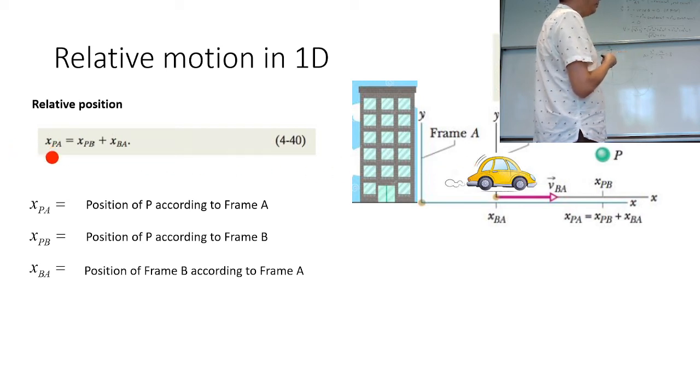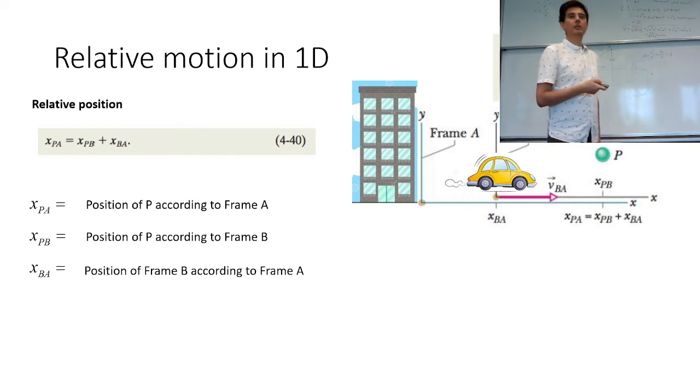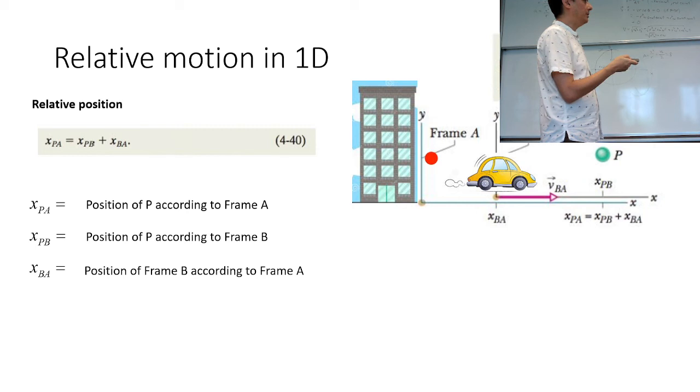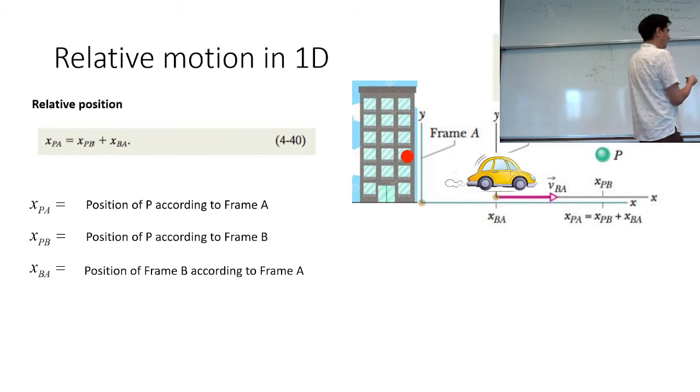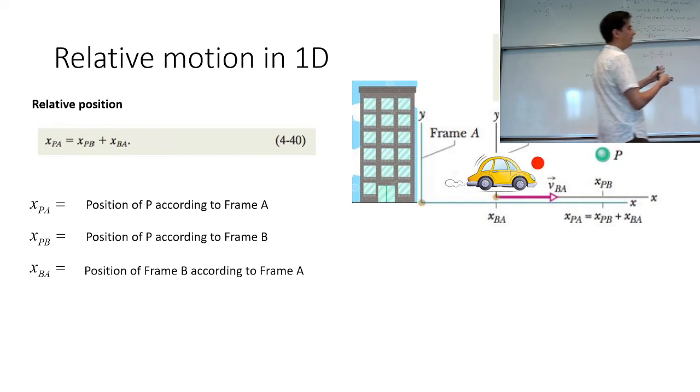For example, x_PA is the position of P, the object in question, according to frame A. That's just this distance from here to here. x_PB is the position of P according to frame B. So that's the distance from here to here. Just take that point in time, freeze frame it.